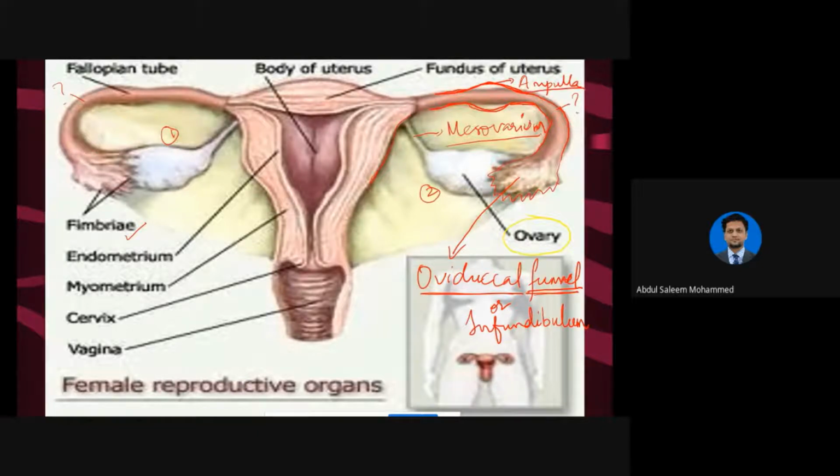Please make a note of it. This is the place where the ovum migrates from the oviducal funnel, reaches the ampulla, and stays here for a temporary period of time.